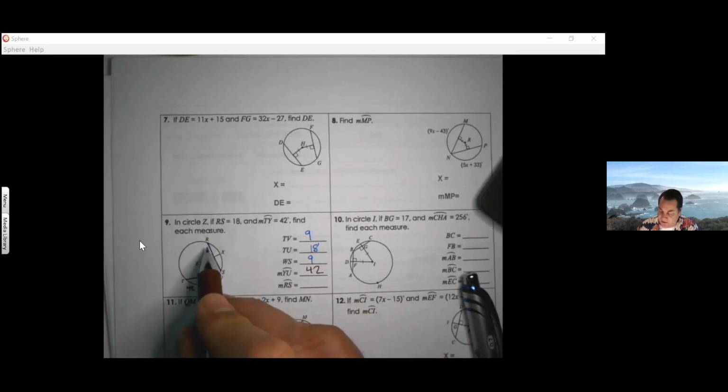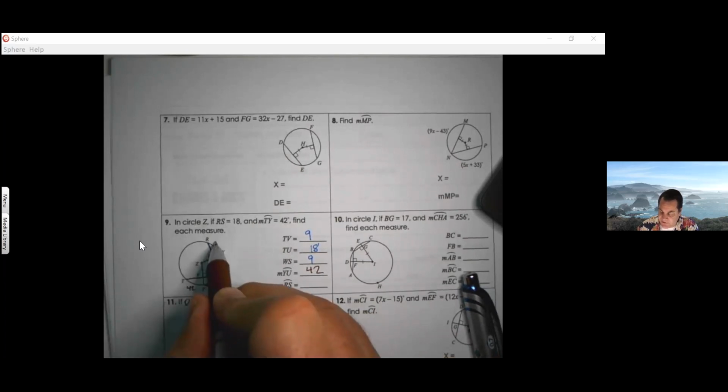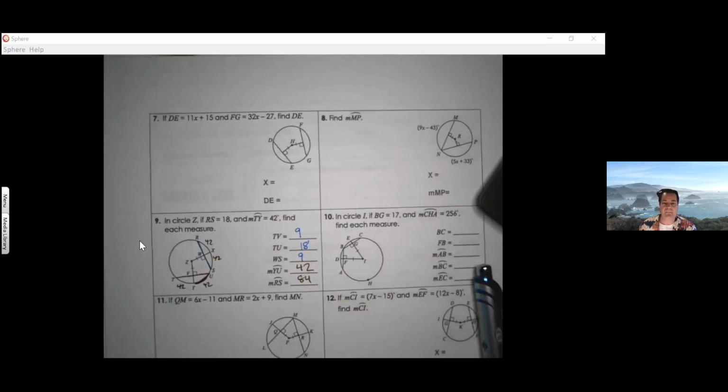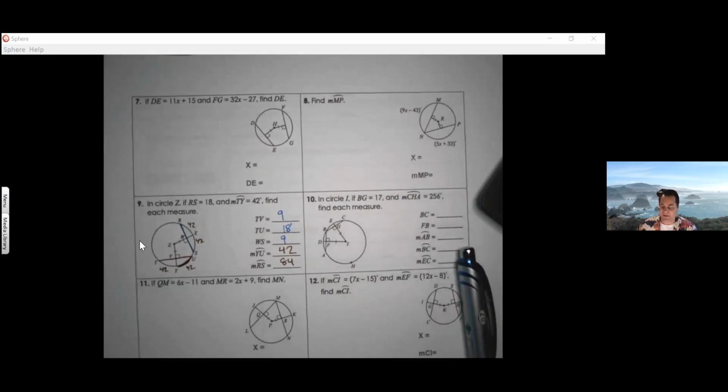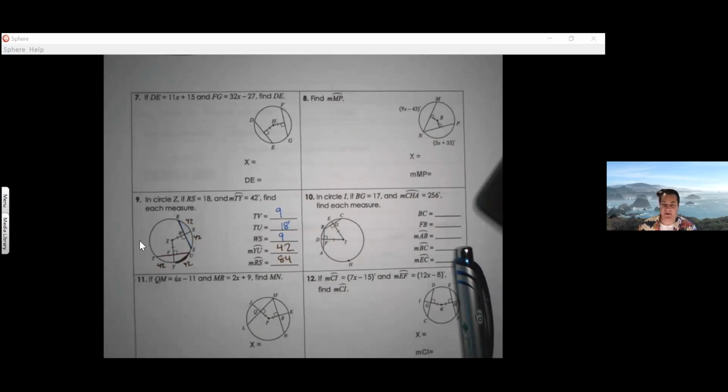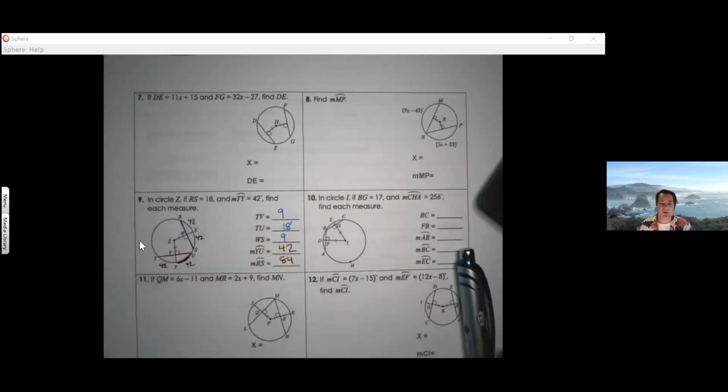That's the whole arc. Well, if these chords are the same, then the arcs are the same. So that would make these parts 42 as well, which means RS is 84. Would you please take that same idea and try to solve number 10 now? Go.